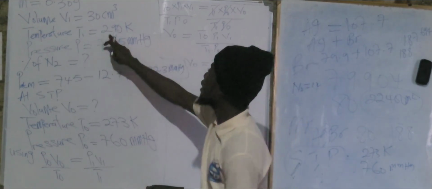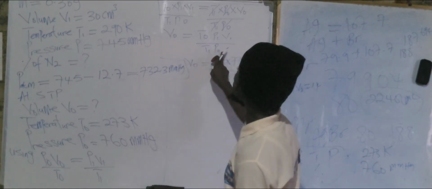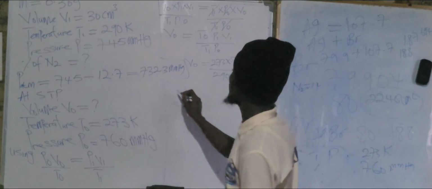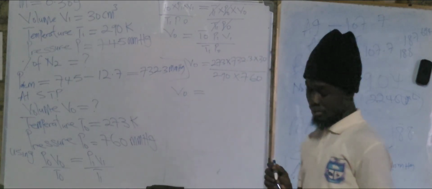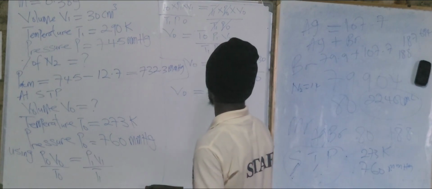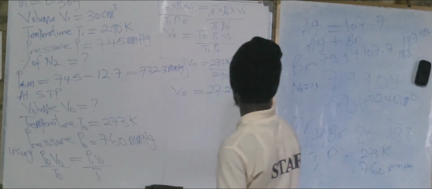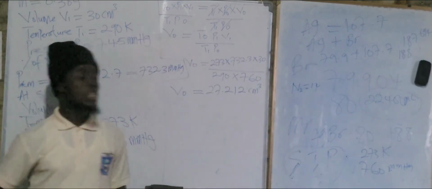What is T1? 290, multiplied by P0. What is P0? 760. So therefore we end up having V0 equal to 27.212. Volume is measured in centimeters cube. Are we clear? Let's go.